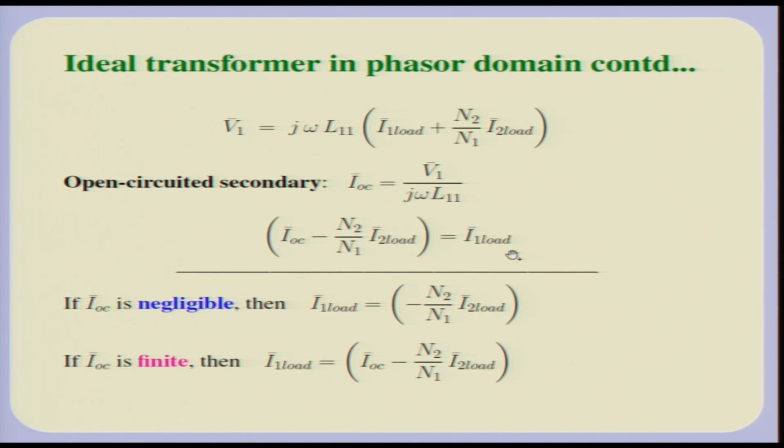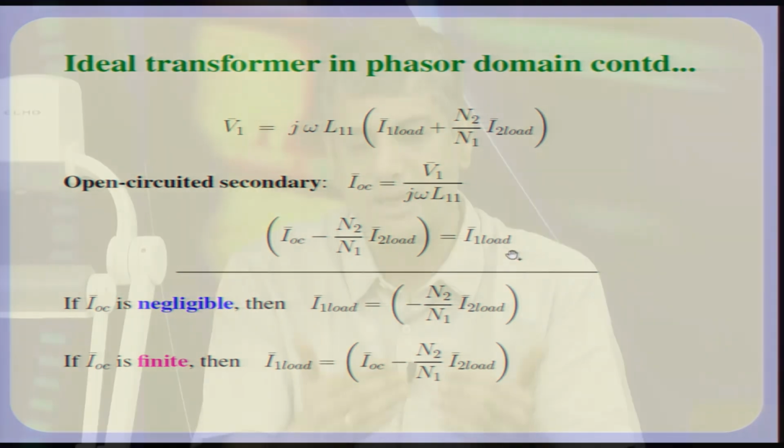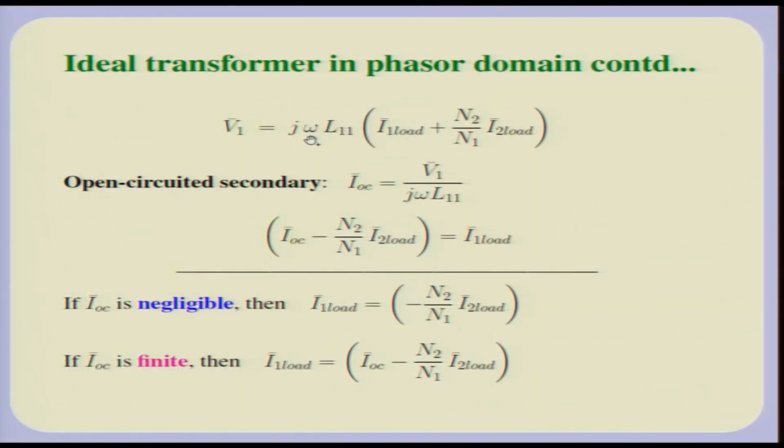Okay. I1 load is the current under loading conditions in the primary, and I2 load is the current under loaded conditions in the secondary. So, what I did was I substituted for j omega L11 from this equation which you see here. So, I substituted V1, and then you cancel V1 on both sides, and then you get a simple relationship like this.